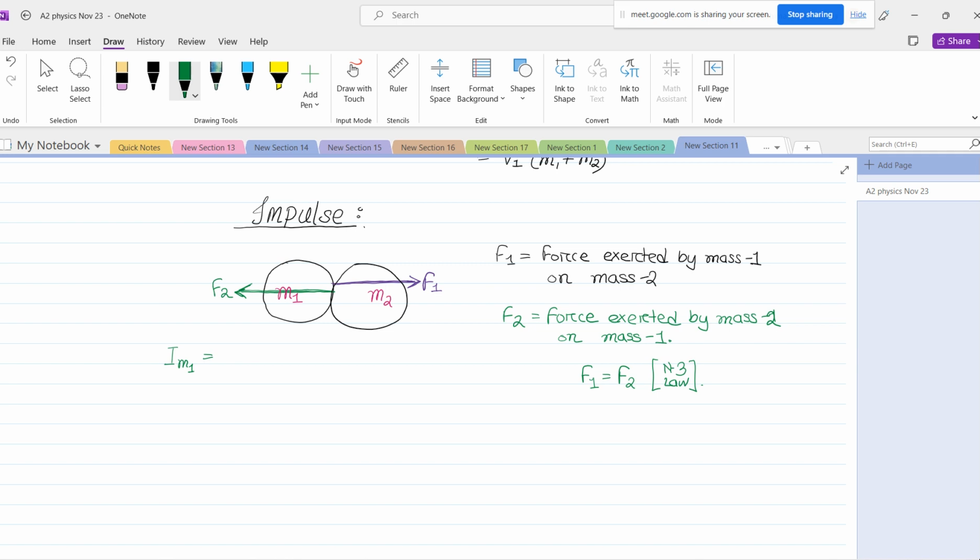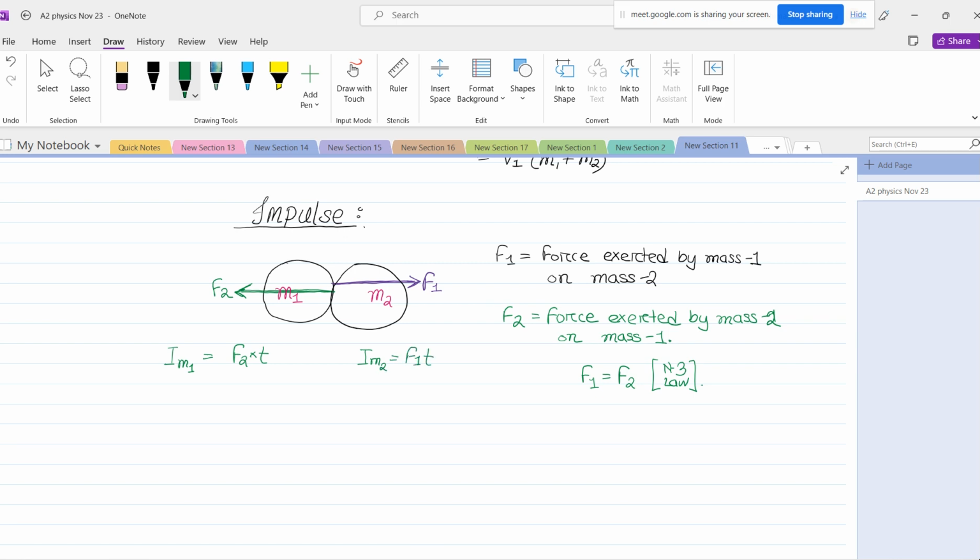So for M1, the force it feels is the force we are going to work with. For M1 we are not going to take the value of F1. For M1 we are going to work with F2, because this is the amount of force that was exerted on M1, right? So for impulse in M1 we are working with F2 and time, and for impulse in M2 we are working with F1 and time.